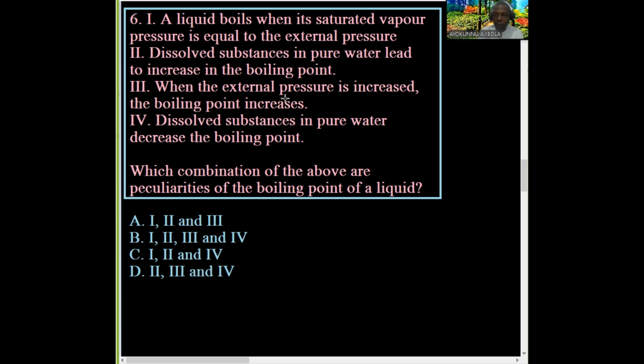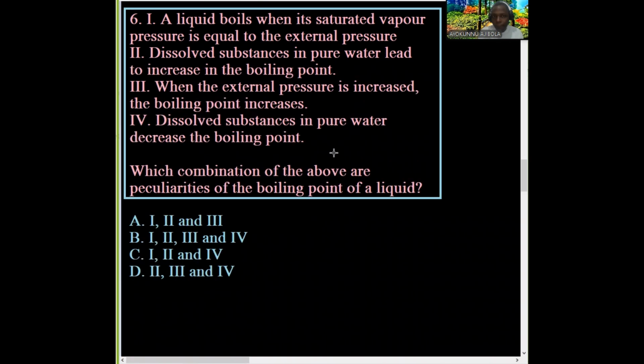Okay, under what condition will water boil above 100 degrees?